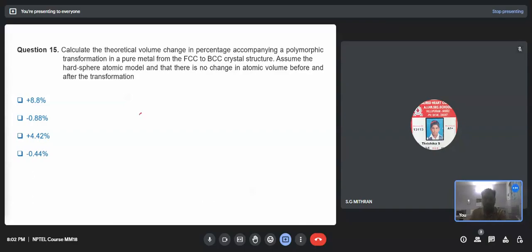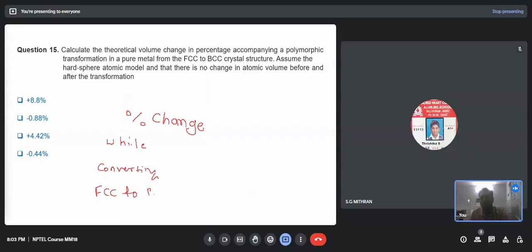So first, we have to check the percentage change while converting FCC to BCC.